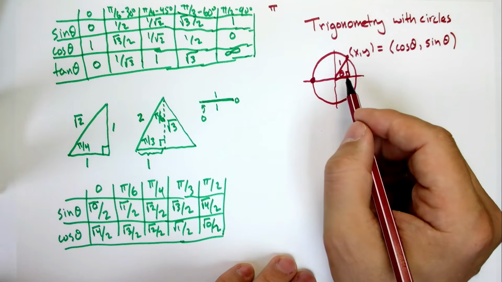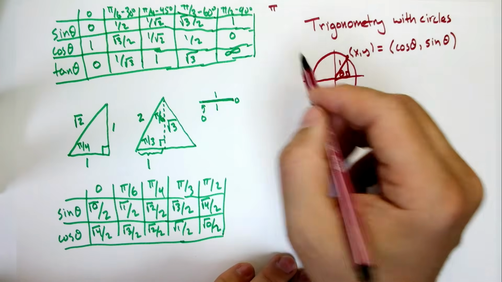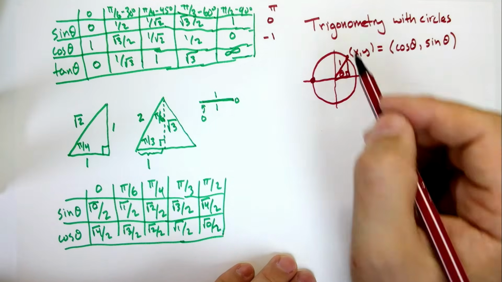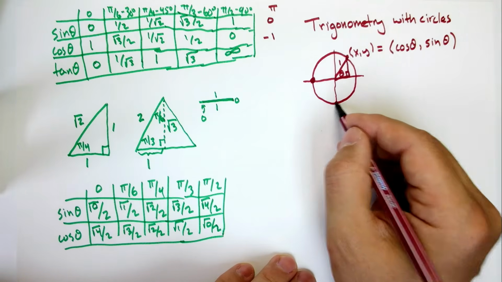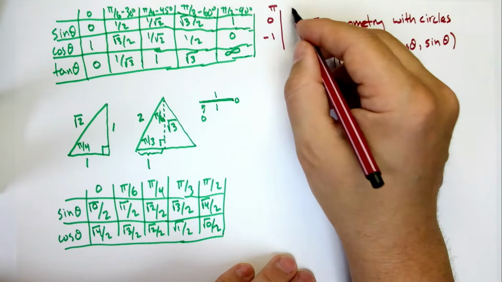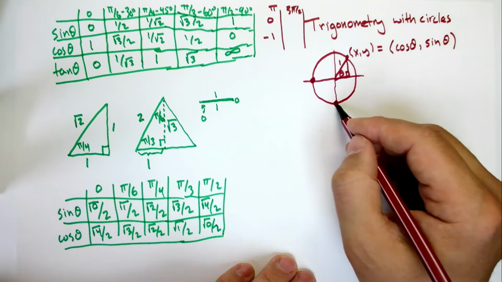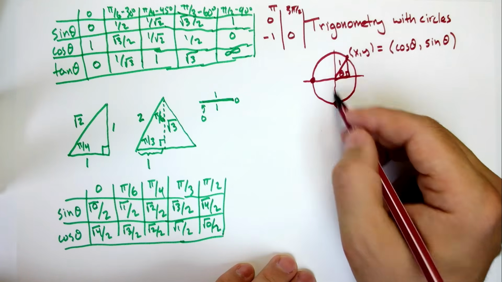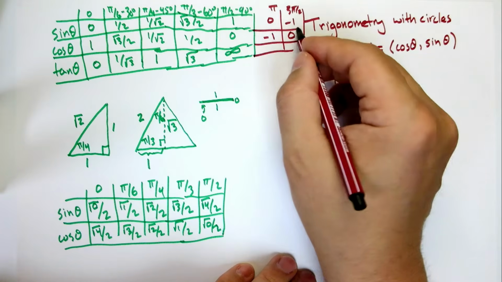Well, the answer is I'm over here, where the cosine is -1, and the sine would be 0, because I'm at height 0. Similarly, if I was at 3 pi halves, which is down there, where would I be? Well, now my x-coordinate is 0, so that says my cosine is 0, and my y-coordinate is -1.